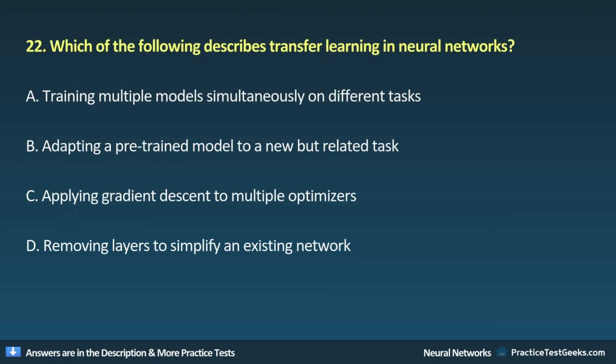22. Which of the following describes transfer learning in neural networks? A. Training multiple models simultaneously on different tasks. B. Adapting a pre-trained model to a new but related task. C. Applying gradient descent to multiple optimizers. D. Removing layers to simplify an existing network. 23.